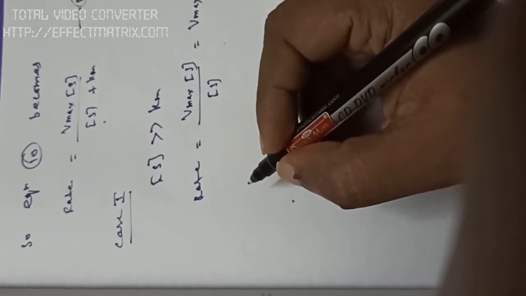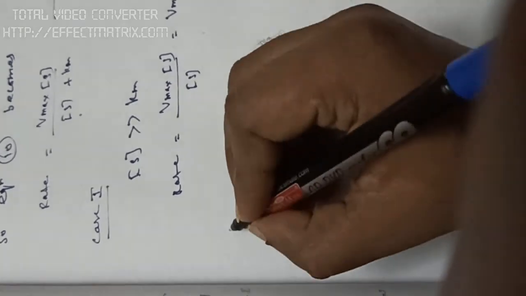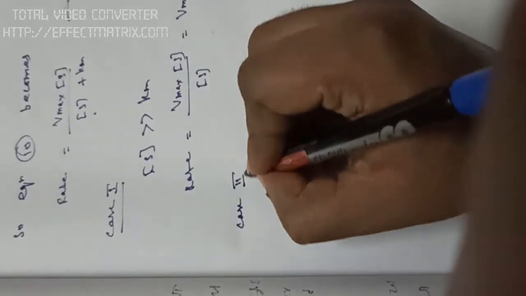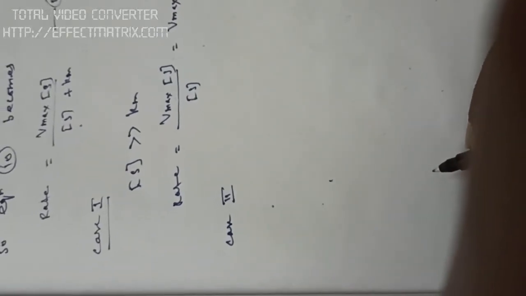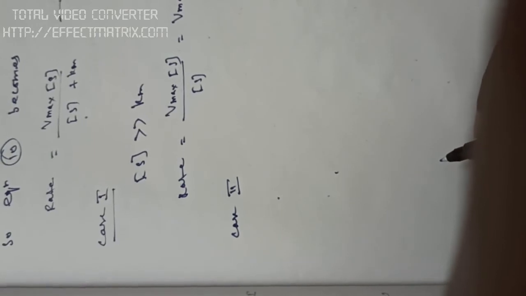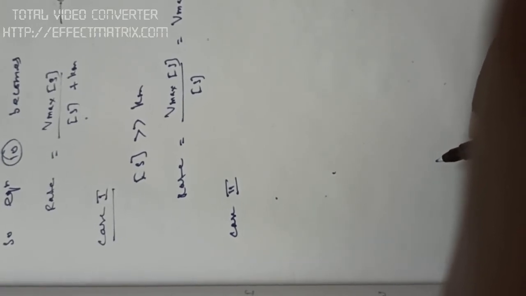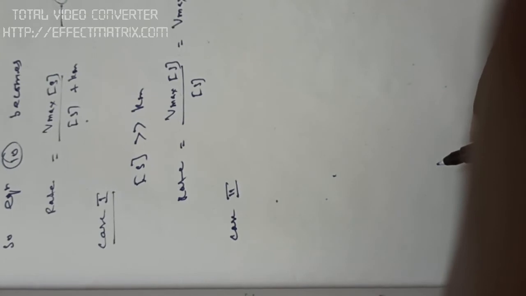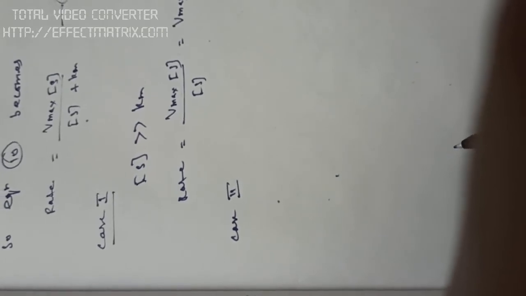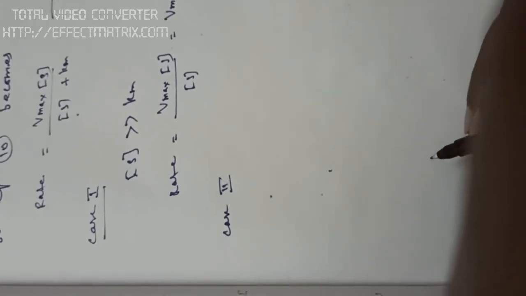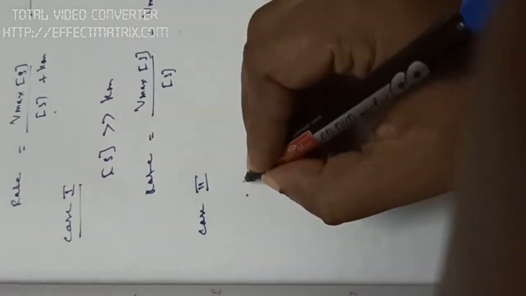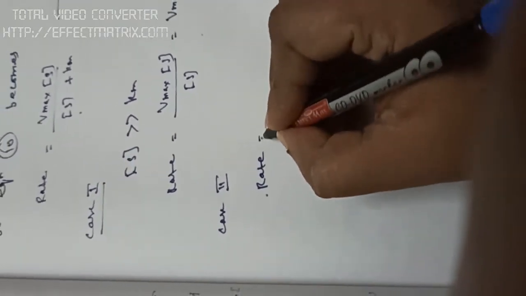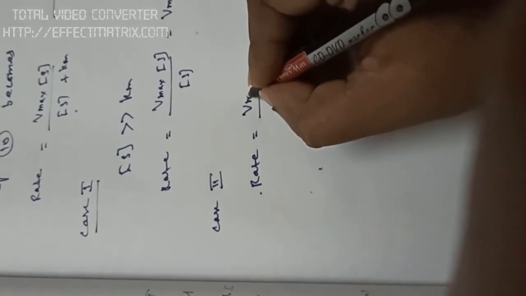Now move on to case 2. If the concentration of the substrate is much lower than the Michaelis-Menten constant, we can neglect the substrate concentration in the denominator. So the rate becomes rate equal to Vmax times substrate concentration divided by Km.